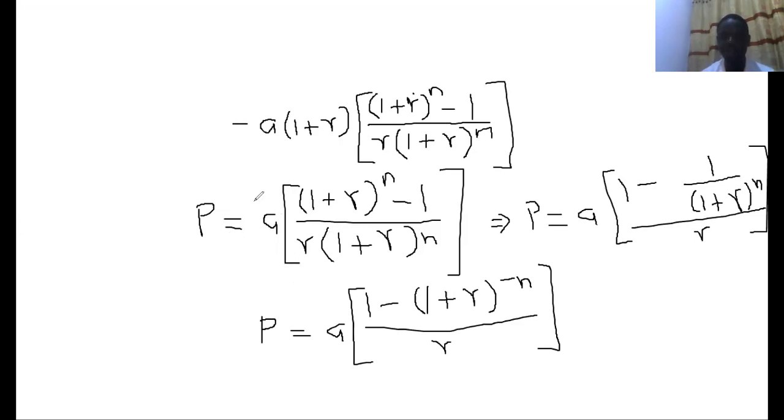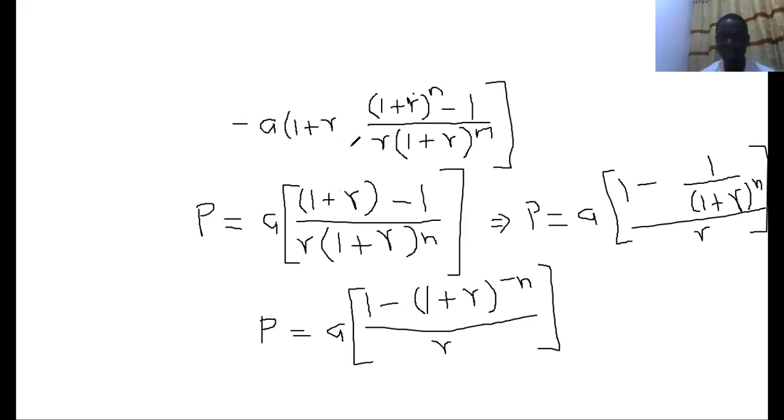So if you want to find A, which is the installment payment, normally the safest way is that you substitute these figures. So you know the principal, that's the loan you have taken, and then you know the rate of interest, you know the duration, and so you just substitute for the P, which is the principal amount. You also substitute for the R, which is the rate of interest. You also substitute for N, which is the duration.